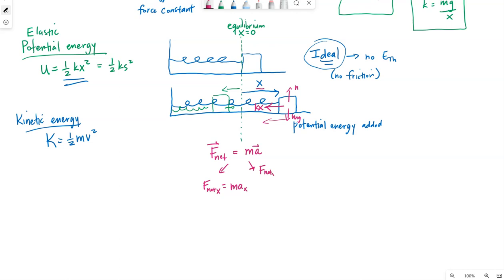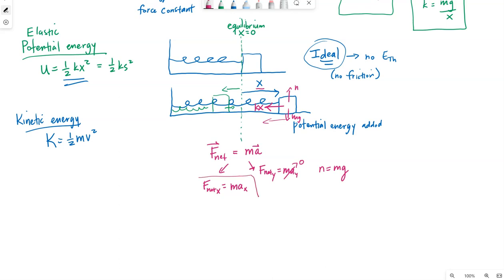We had to add the forces in the y direction to determine the net force in the y direction, and thus the acceleration. Because the motion is on a horizontal surface, there is going to be no acceleration in the y direction. There's no motion at all in the y direction. And so this essentially tells us that the normal force has to equal mg.